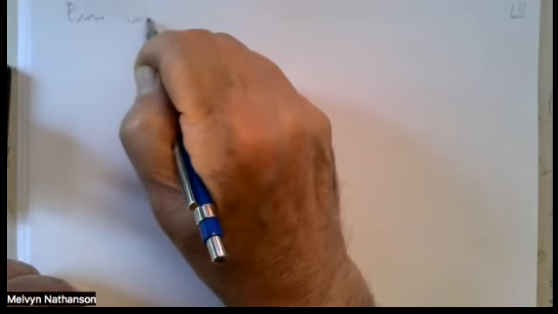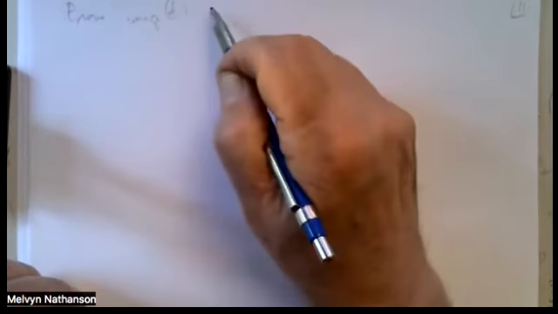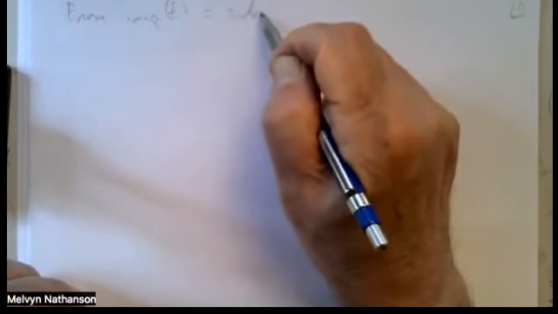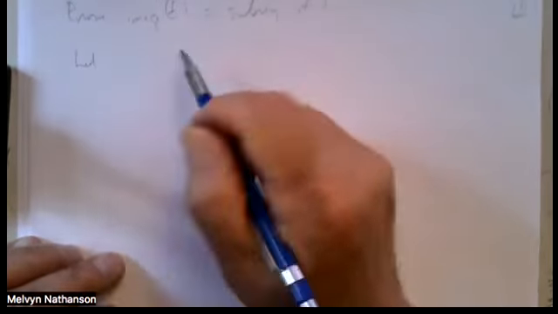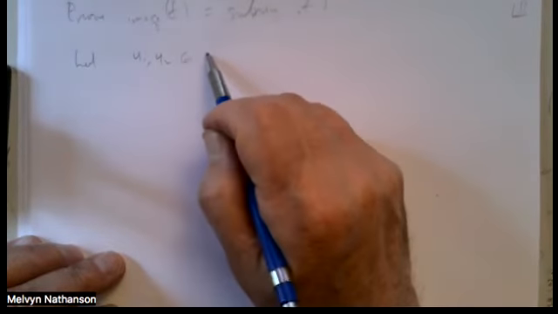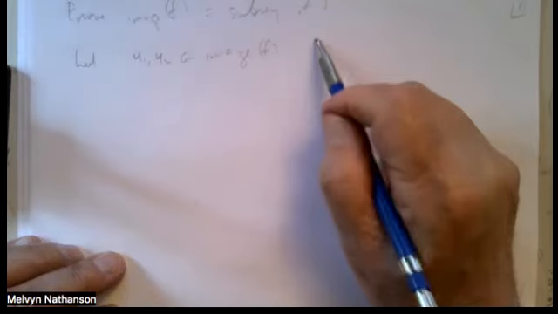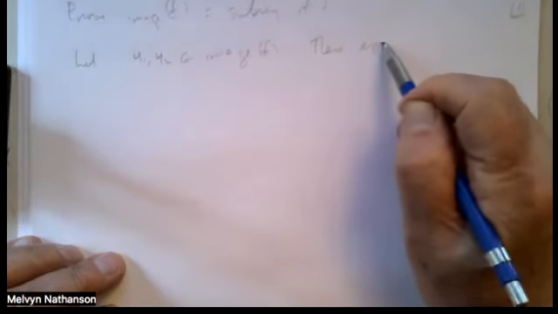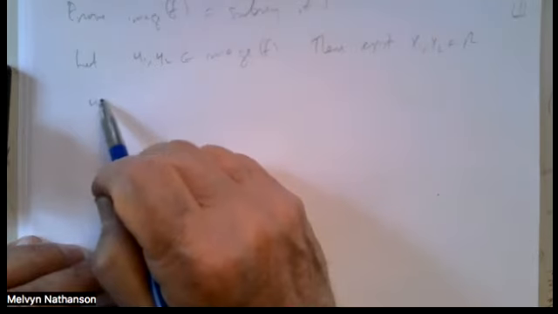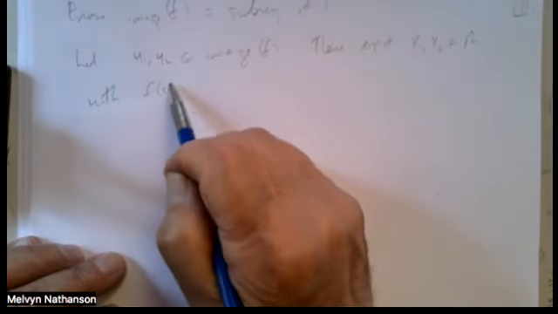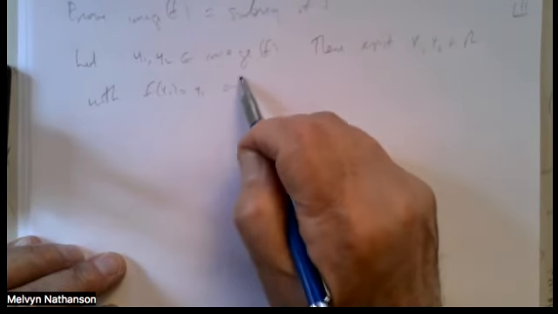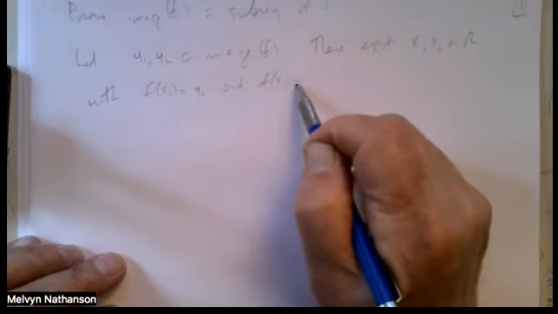I want to prove the image of F is a subring of S. So let Y1 and Y2 be in the image of F. That means that there exist X1, X2 in R with F of X1 equals Y1 and F of X2 equals Y2.